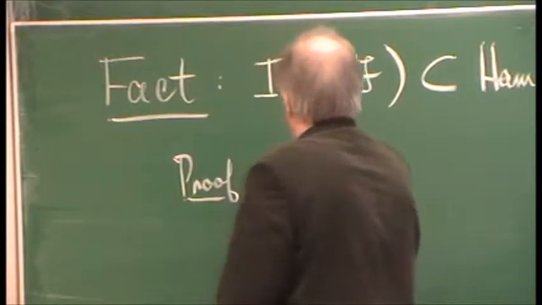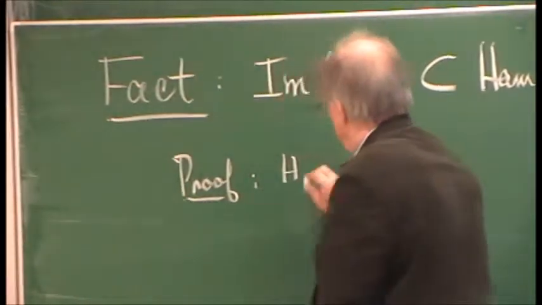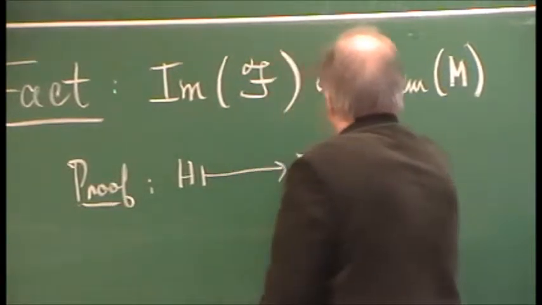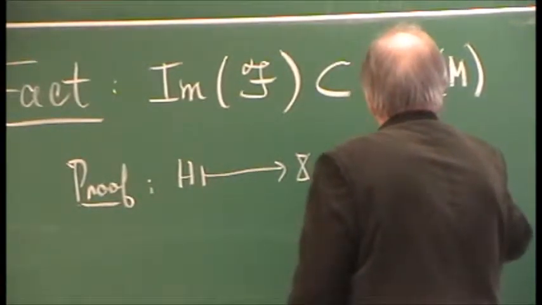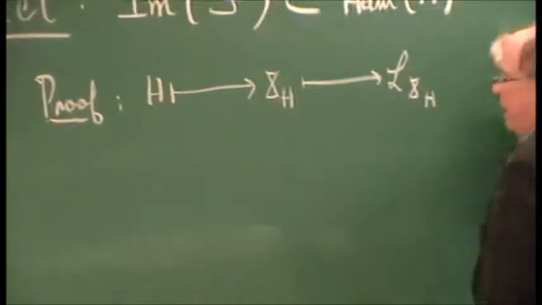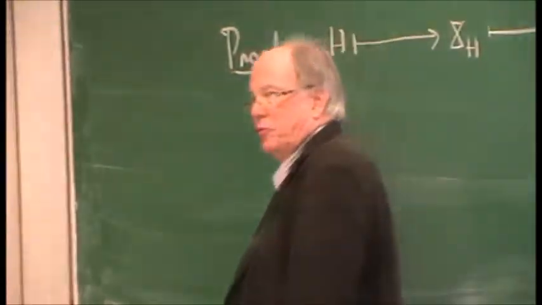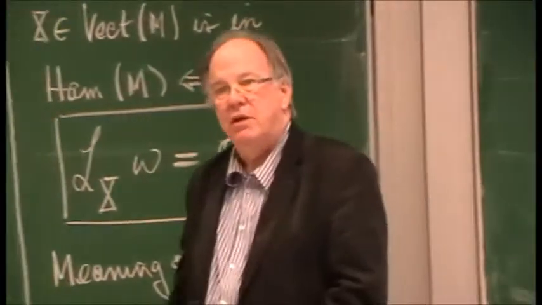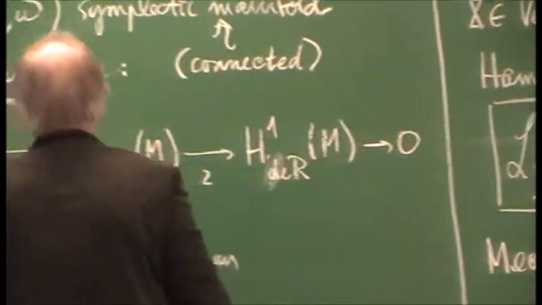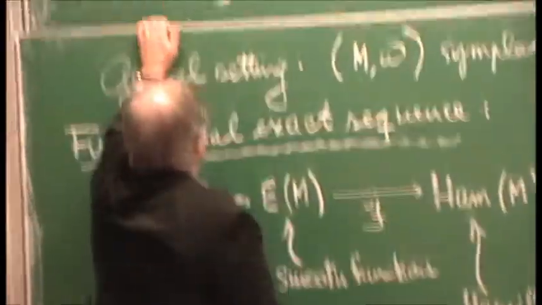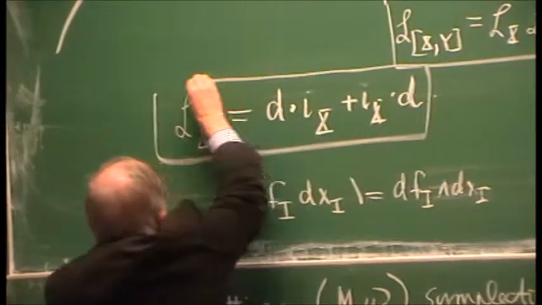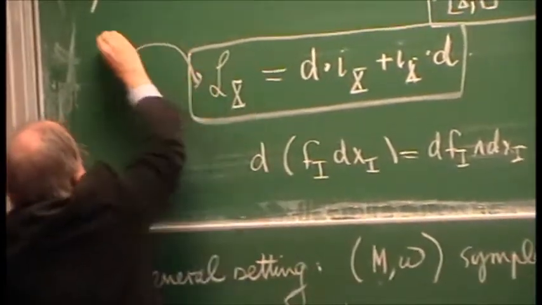So I have an H, a Hamiltonian, and I associate it to the field, and then I have to check what the Lie derivative is doing. And then I use, in the literature, some people call this the magic formula of Cartan. For me, it's a definition. You will see in the literature this is sometimes called the Cartan formula.